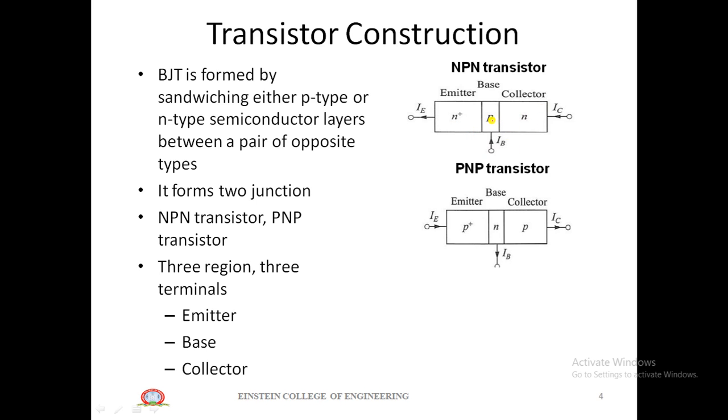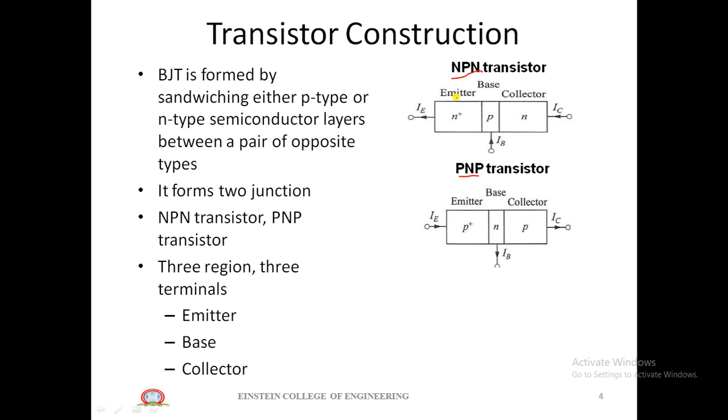Here, a P-type or N-type semiconducting layer is sandwiched between an opposite pair of layers. That is the construction of transistor. It forms two junctions. Accordingly, it is classified into NPN transistor and PNP transistor.